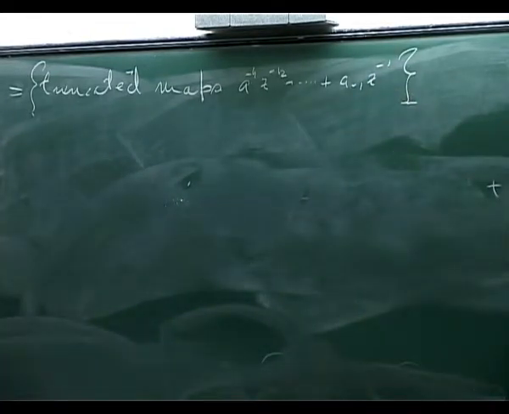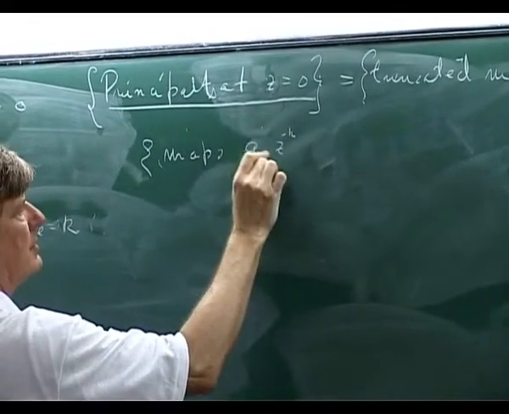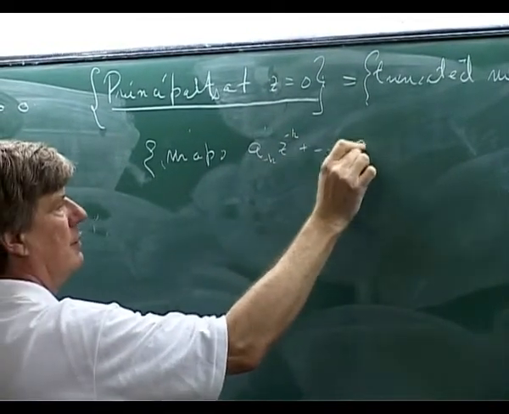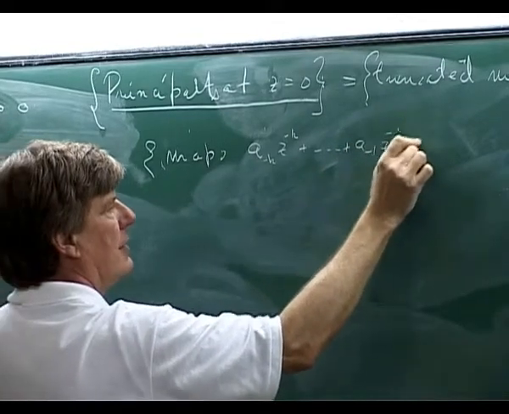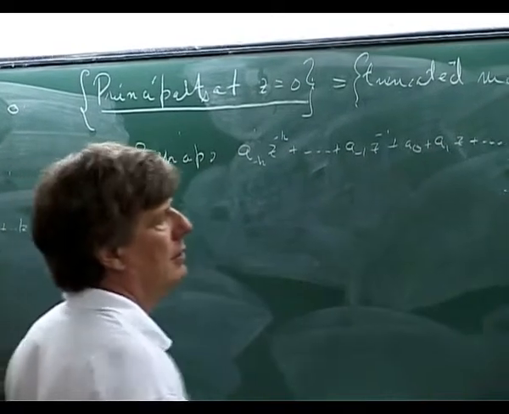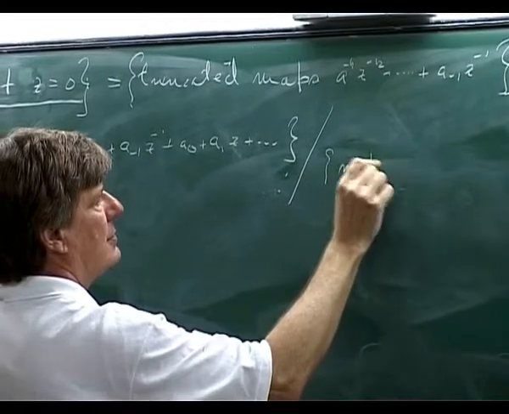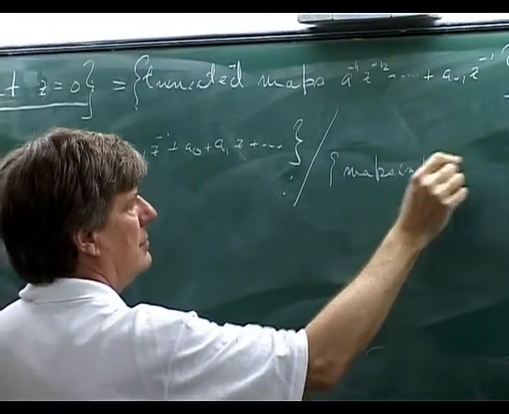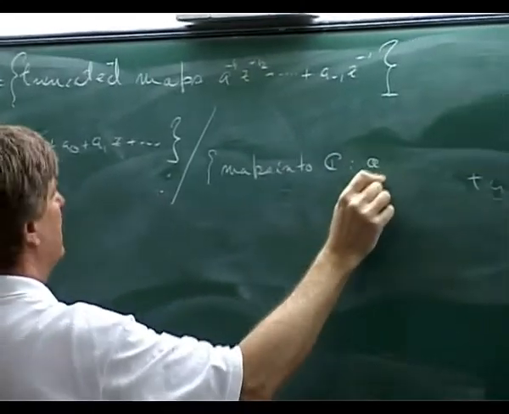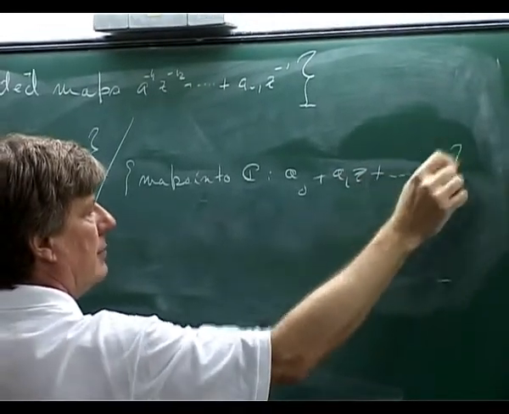And I can think of it as maps a_{-k} z^{-k} plus ... plus a_{-1} z^{-1} plus a_0 plus a_1 z plus blah, mod the additive action of maps into C, a_0 plus a_1 z plus blah.